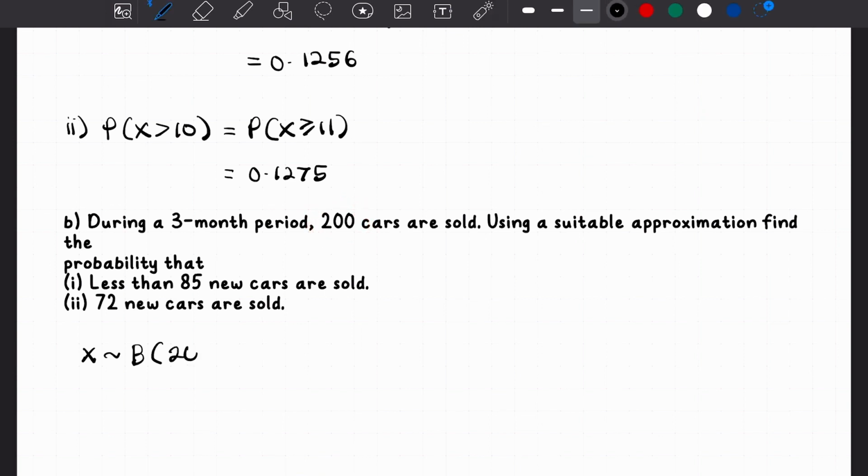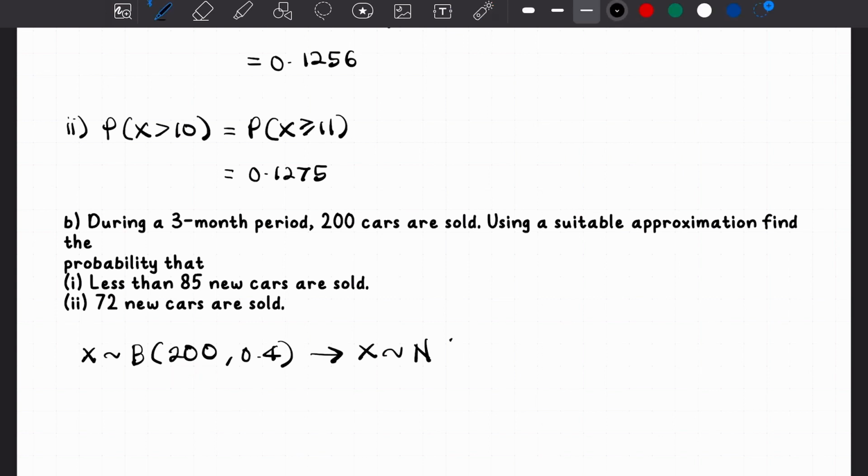So now our n is 200, but we still have the same p, which is 0.4. Using a suitable approximation, we are going to approximate to the normal distribution. Why do we approximate to the normal distribution? Because our n is greater than 50.